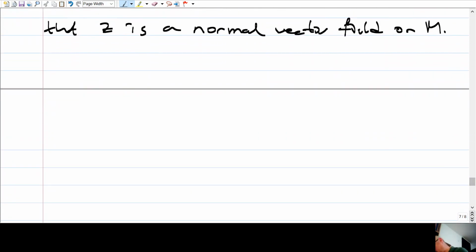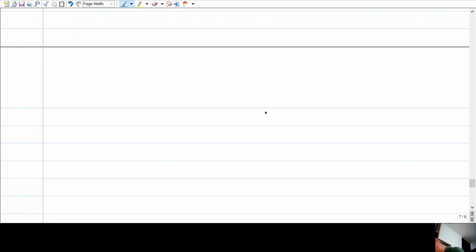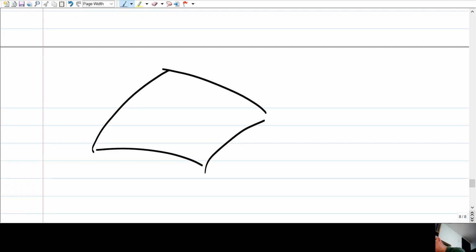Suppose this is our surface. A tangent vector field is something like this. We have some curves on our surface, and the velocity vectors of these curves are tangent vector fields on the surface.